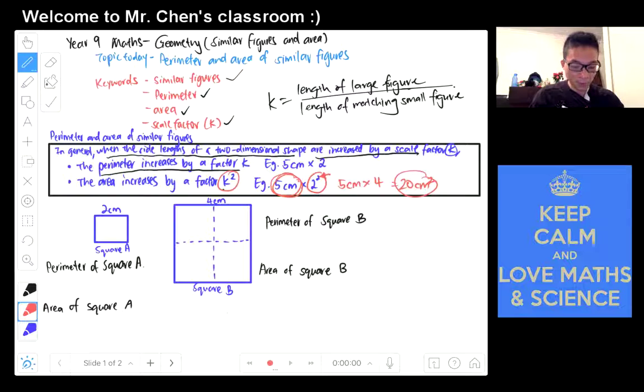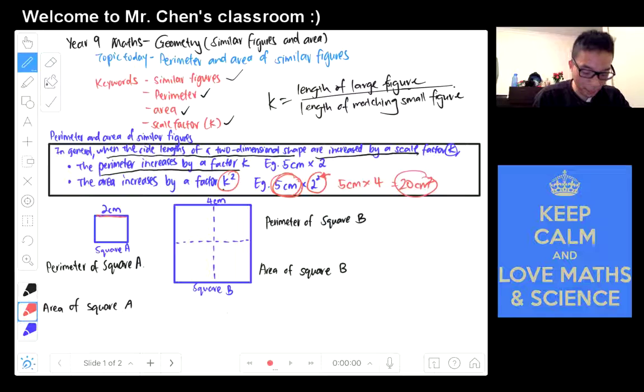So let's look at the first example. Here we have square A and square B, and square A has a side length of 2 centimeters on each side, and square B, which has been enlarged, is 4 centimeters.